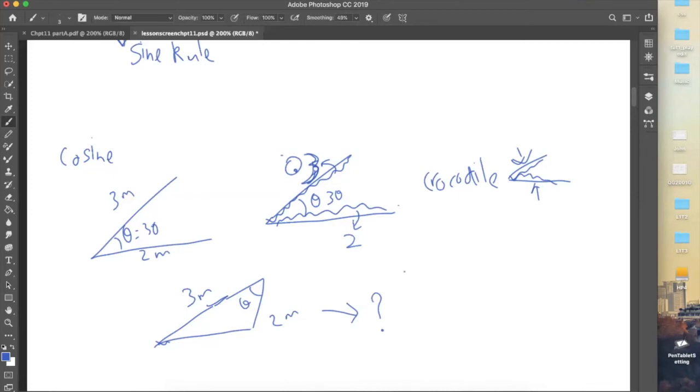Cosine. Yeah, cosine. Okay, so the information here, I draw the teeth here. So the crocodile is here, a reverse crocodile. So one angle, two sides: cosine.